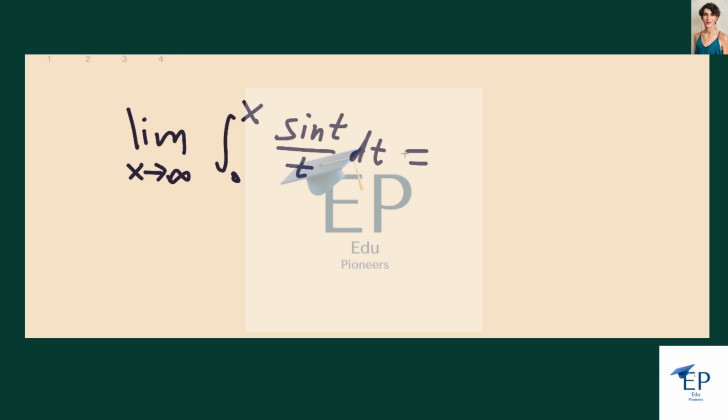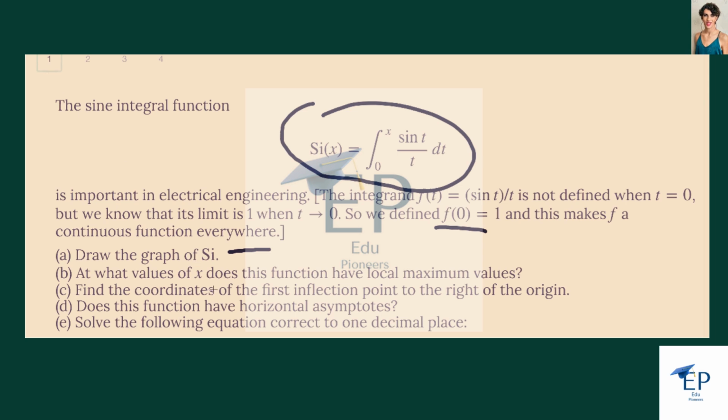But the answer is yes, and you will know how to compute this integral from a more advanced class. If I remember correctly, the answer of this limit should be pi over 2, but you're not going to do this in this class. If you're a math major, you might learn it in a more advanced class, or for the purpose of this problem, you can just use the graphic calculator to see it.